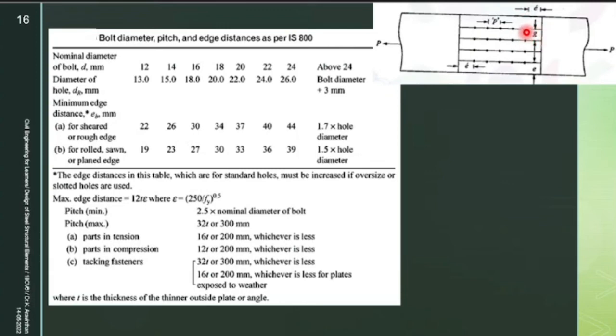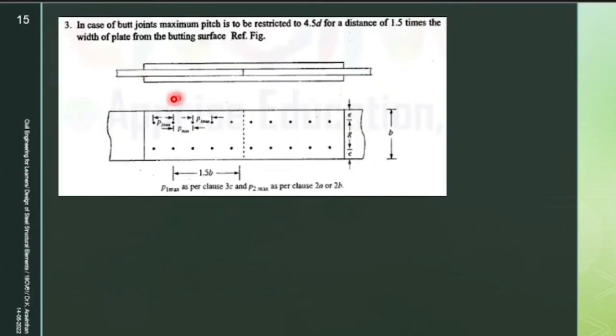G stands for gauge. Gauge is the distance perpendicular to the pitch. If you are using a nominal bolt of diameter D, say a 12 mm diameter bolt, to connect two plates, how much hole will you provide?